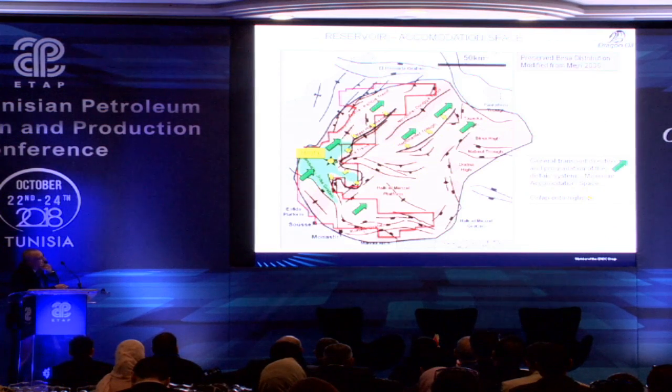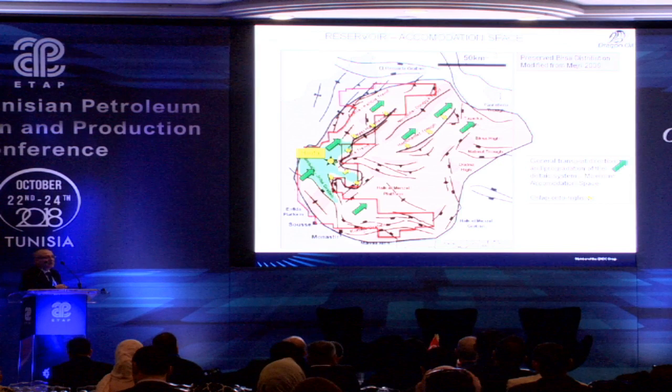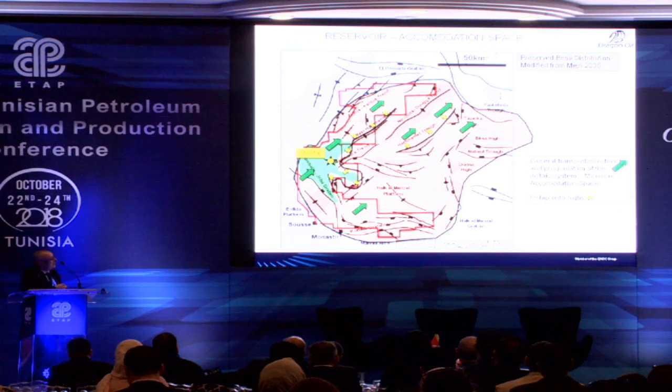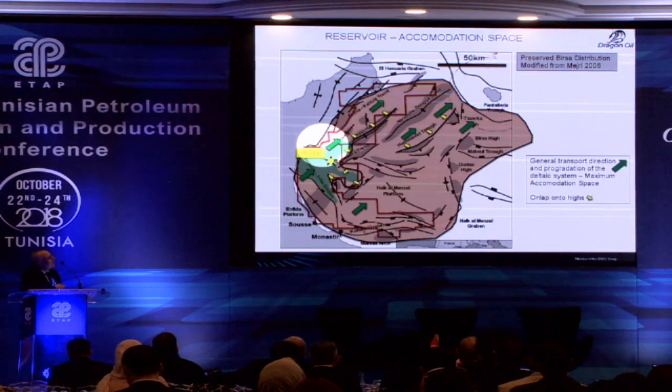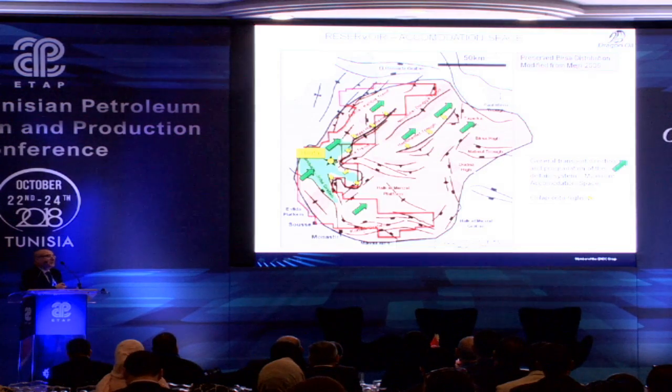And then this is another map that shows the main structural frameworks and structural features in the Gulf of Hammamet. What we noticed in this structuration are the main northeast-southwest oriented lineaments, which we call structural highs, mainly characterized as anticlines.